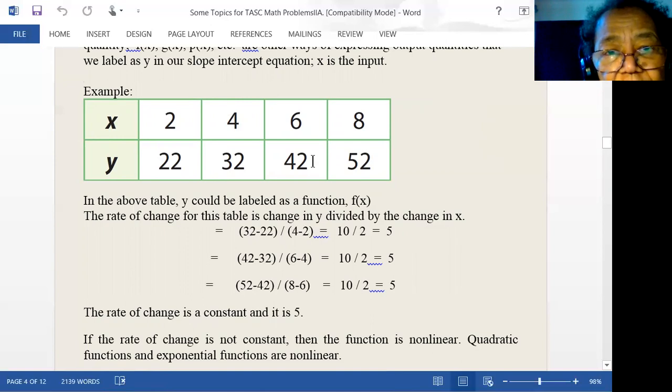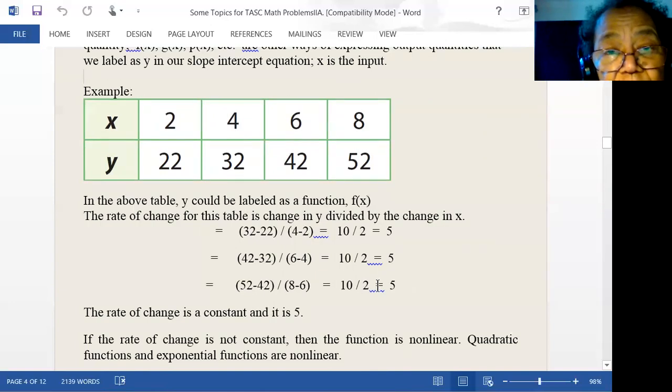Here we had 42 minus 32 divided by 6 minus 4. That's also 10 over 2, and that's 5. 52 minus 42 divided by 8 minus 6, 10 over 2, which is equal to 5. Now note the rate of change is a constant.